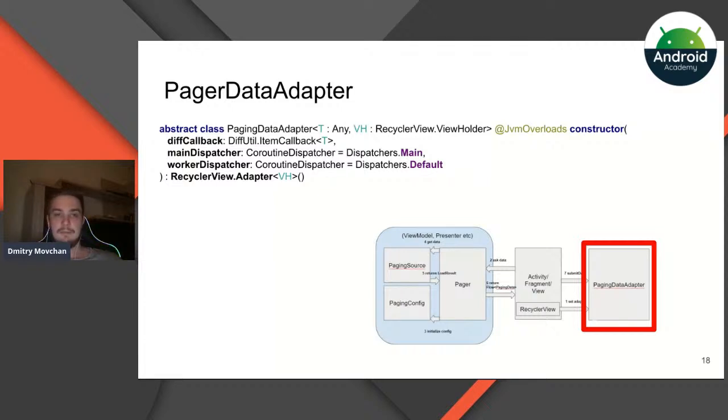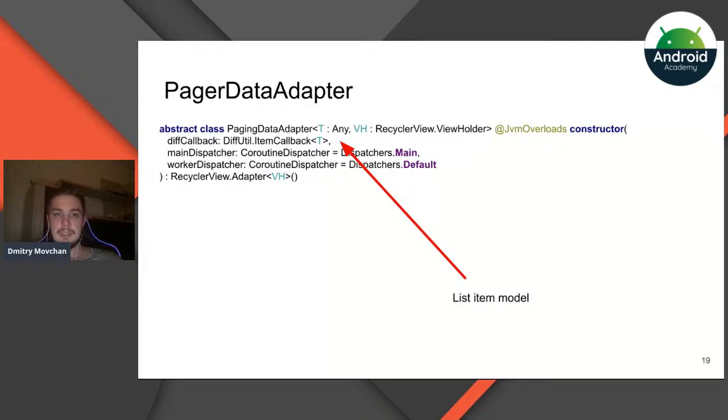These describe the threads on which the main operations will be executed. Also, we see that in generics we have the ViewHolder as usual and some class that extends Any. It will be our list item model for which we should write the DiffCallback.